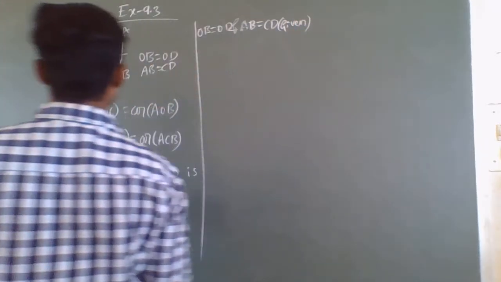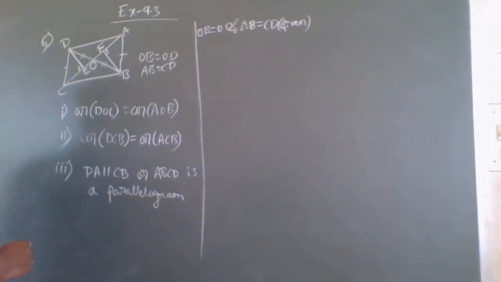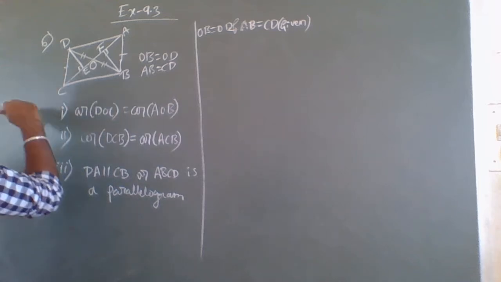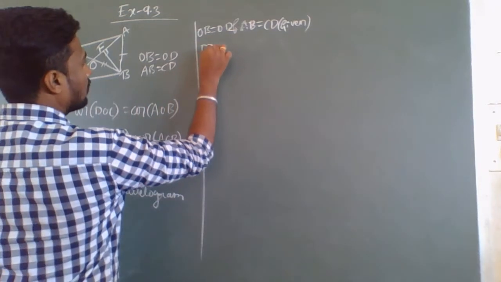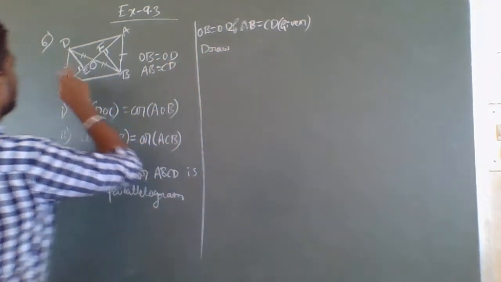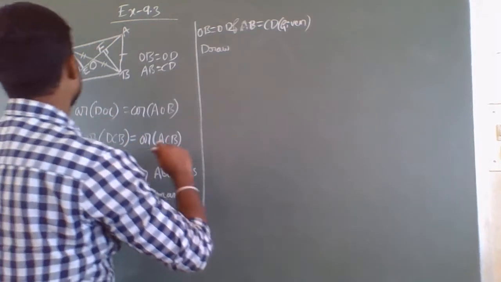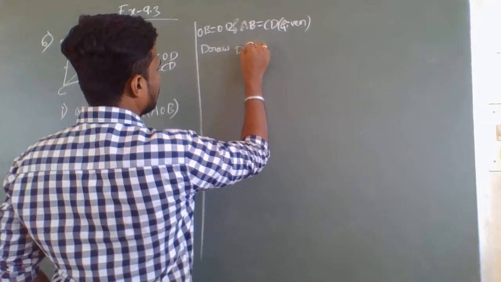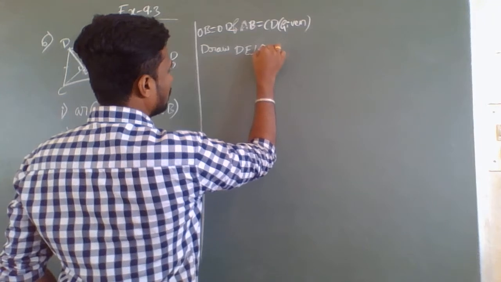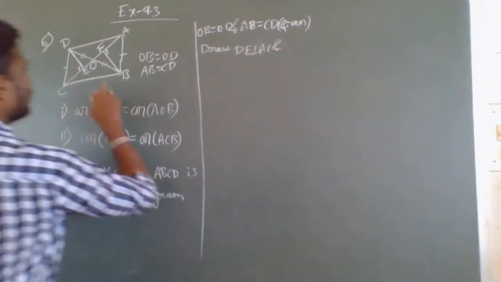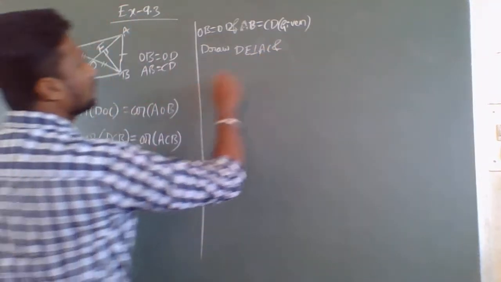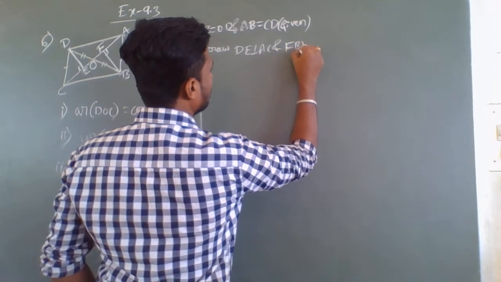And they have given the hint, so we have drawn the perpendicular lines: DE perpendicular to AC and FB perpendicular to AC.